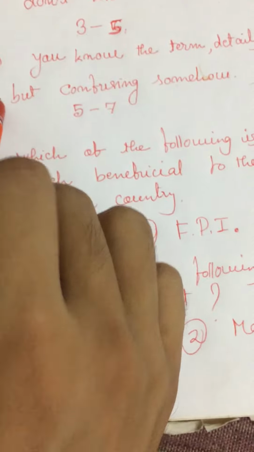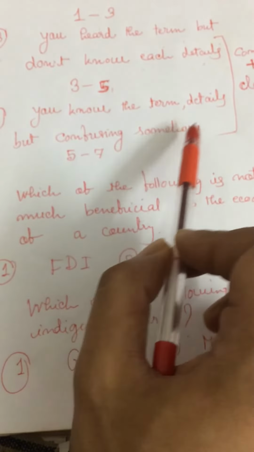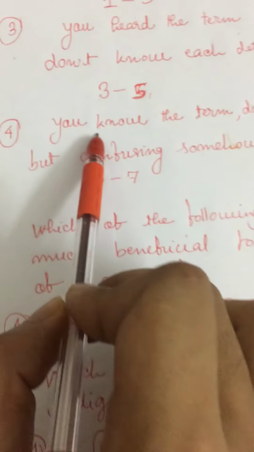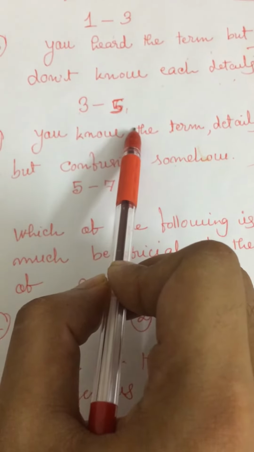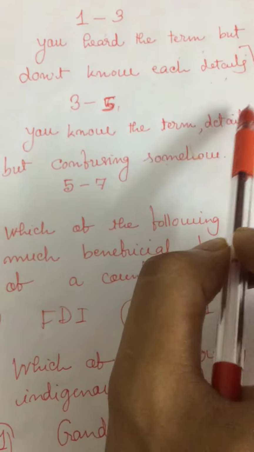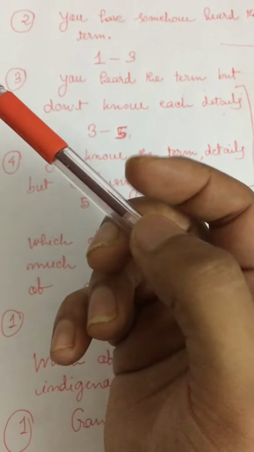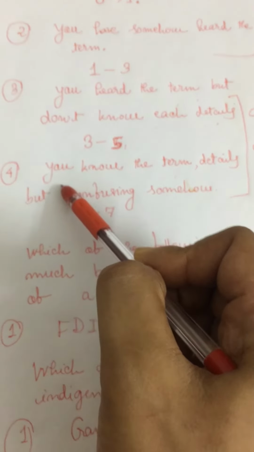Then point 4: you know the term and details but are confused somehow. You are totally familiar with the question and details also, but still you are unable to decide which option will be right.